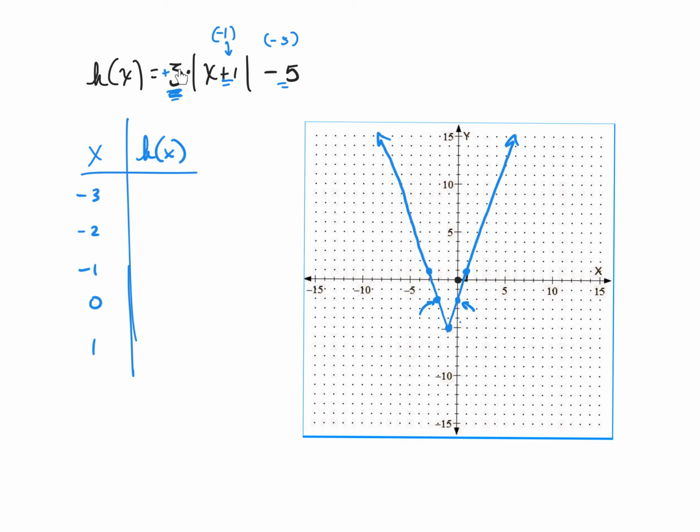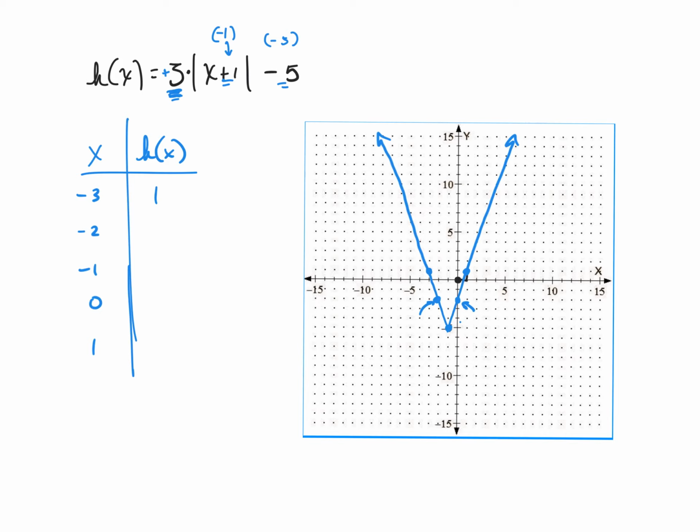So let's plug in -3. I'm going to do mental math on this one. So the absolute value of -3 plus 1 is the absolute value of -2, and the absolute value of -2 is 2. So 3 times 2 is 6, and 6 minus 5 is 1.